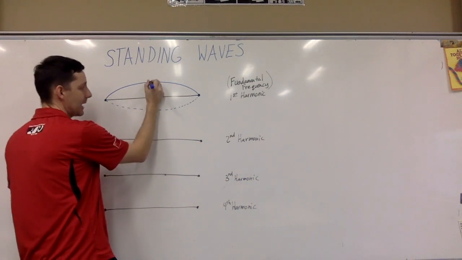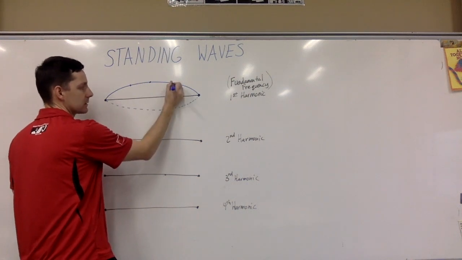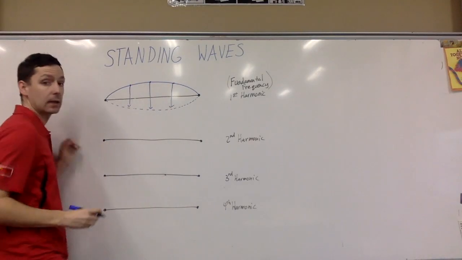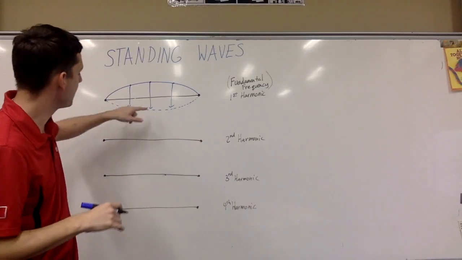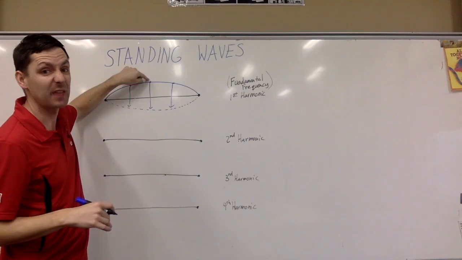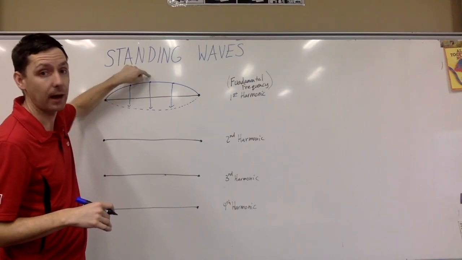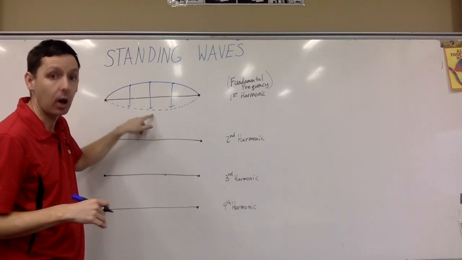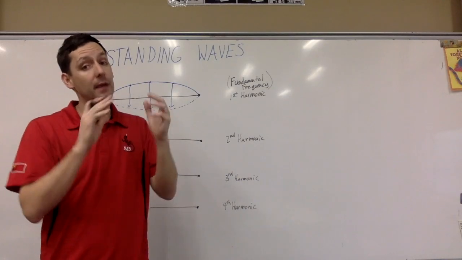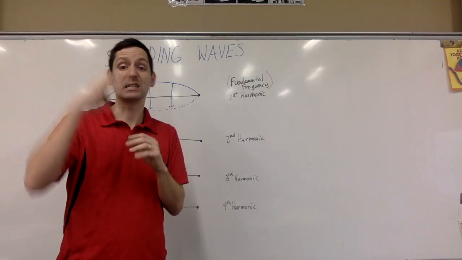Notice that every single point along this curve is moving in the same direction at the same time, okay? Not at the same rate, right? The one in the middle is going to go higher. These other points aren't ever going to get that high. Only that point will go up that high and down to the very bottom. All of the others will move in phase. They'll move up and down at the same time, but they won't be moving as far, right?